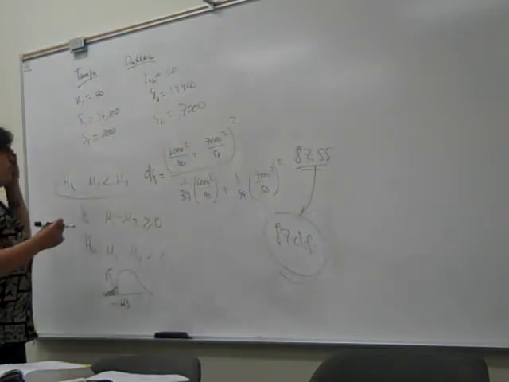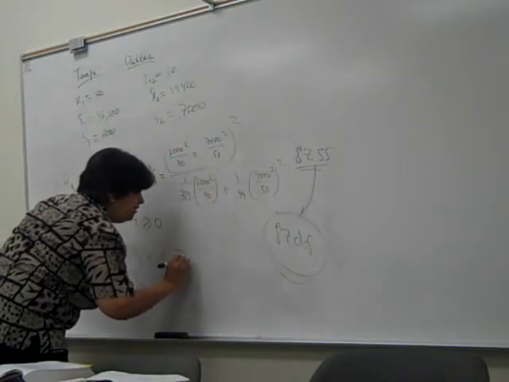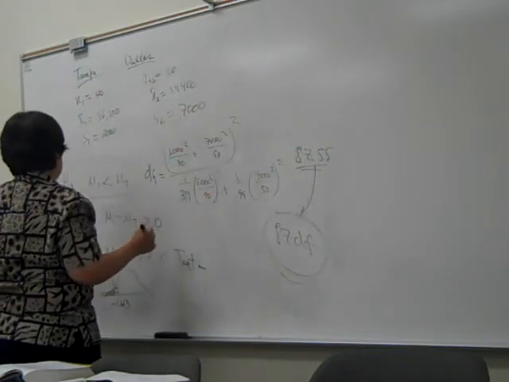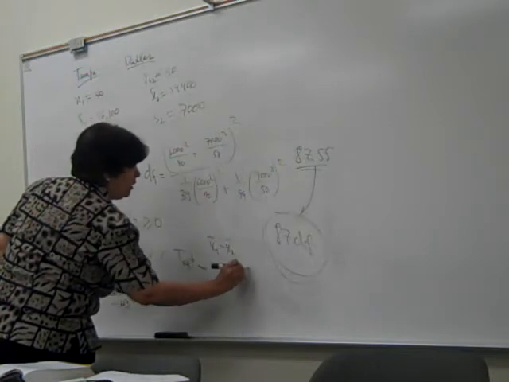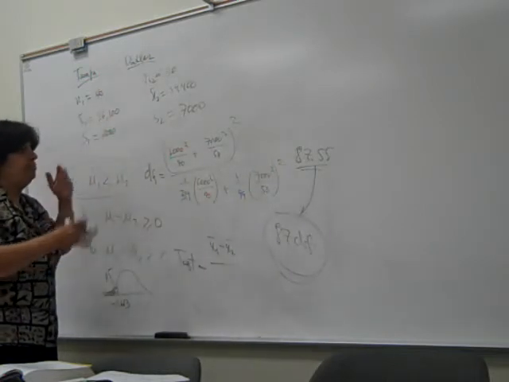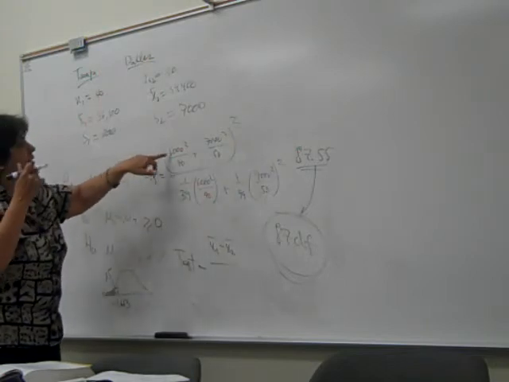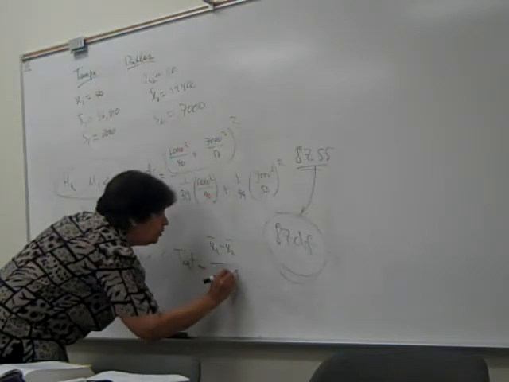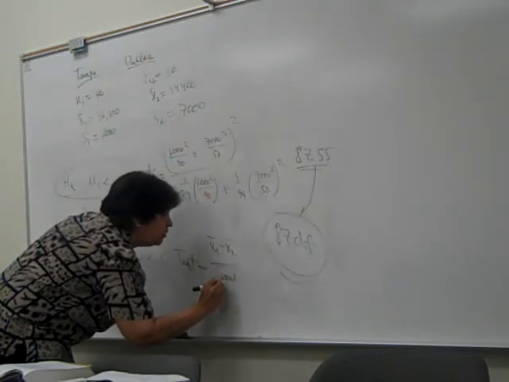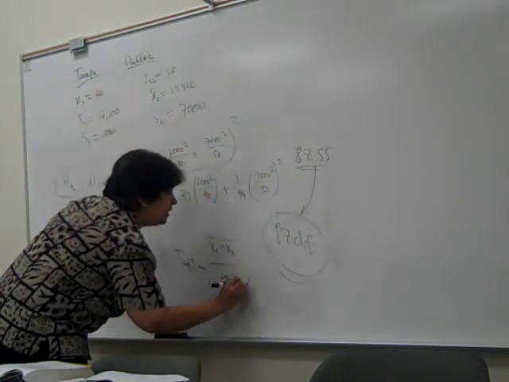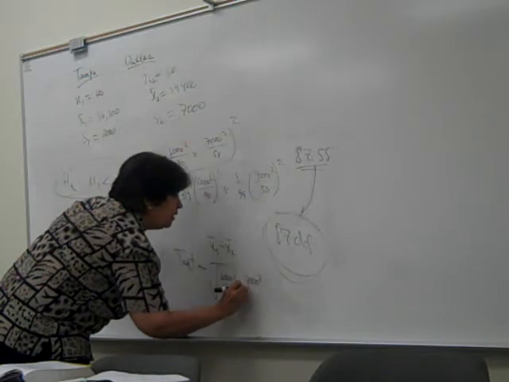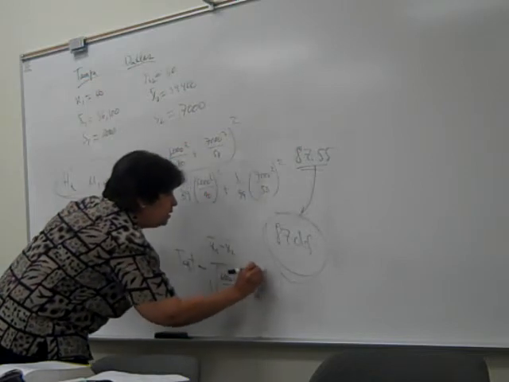Now, we need to compute the test value. And that test value is x1 bar minus x2 bar divided by what? By the square root of 6,000 squared divided by 40 plus 7,000 squared divided by 50. Okay?